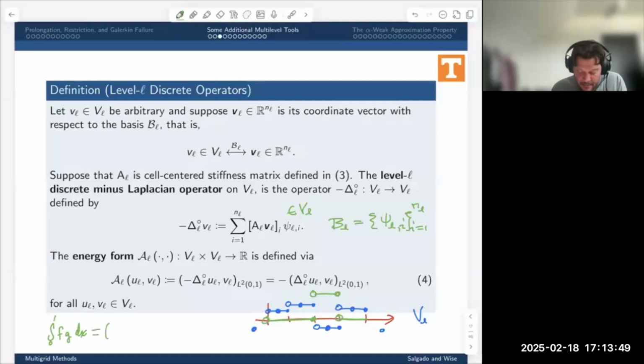That's precisely what I'm calling the L2 inner product. Okay, so I take those two things, first one here, second one here, multiply them together, and here's the first question. I have a piecewise constant function, and I'm going to multiply another piecewise constant function by that guy, and then I'm going to integrate over the domain 0 to 1.